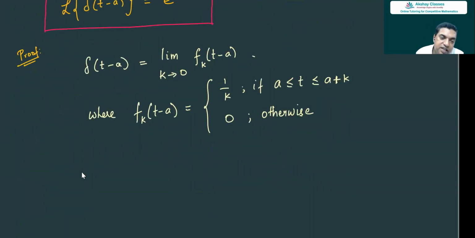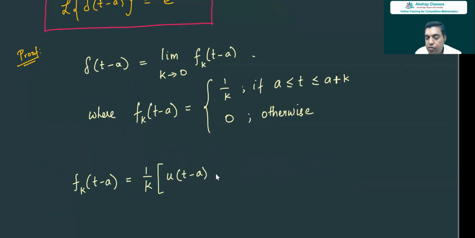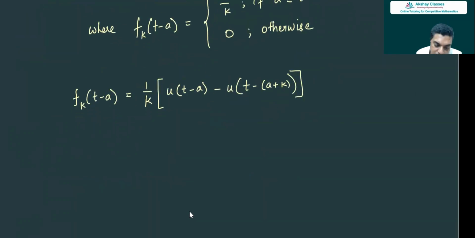So now this is a unit function, so we can write this as 1 by k times the unit step function of t minus a, minus the unit step function of t minus of a plus k.